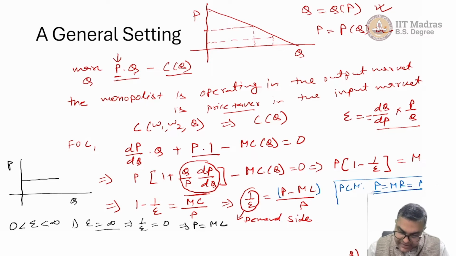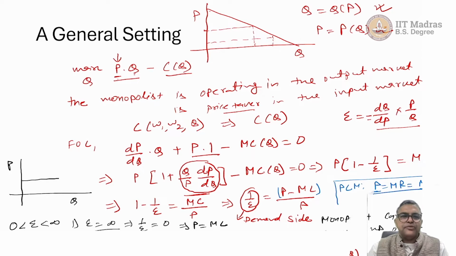In that case, P is going to be greater than MC. What it means is that the monopolist can have a markup over the marginal cost.